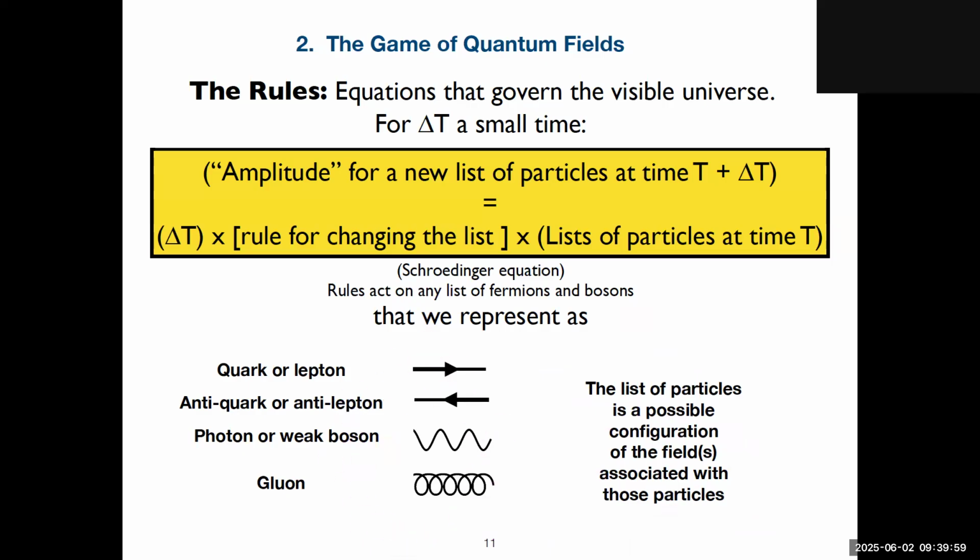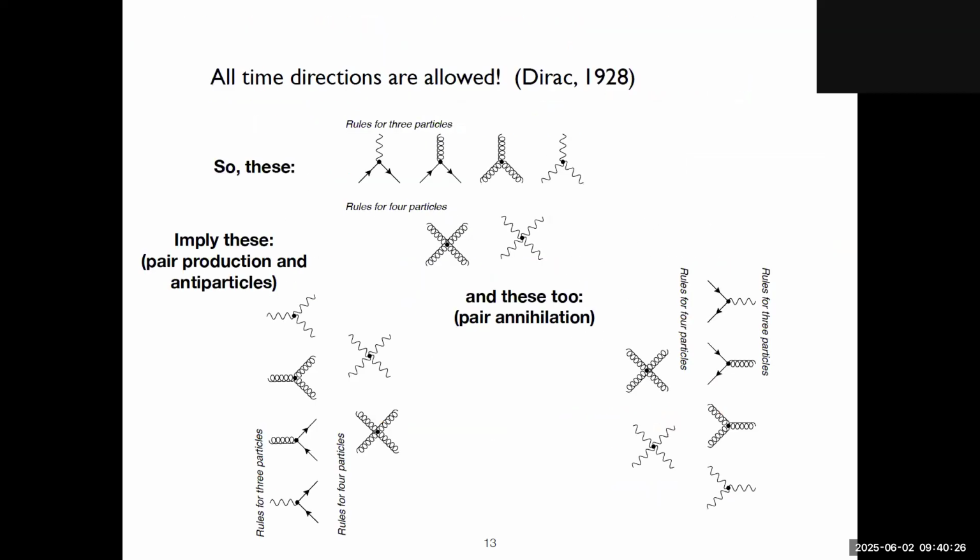A general macroscopic field is an extremely complicated collection of these. Nevertheless, at each time, there is, as we say, a list of particles. That's the picture that we have in quantum field theory, or at least, as I would call it, perturbative quantum field theory. And we'll talk a tiny bit about this difference between perturbative and non-perturbative as we go along.